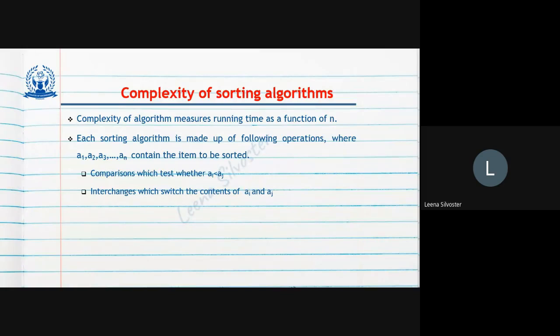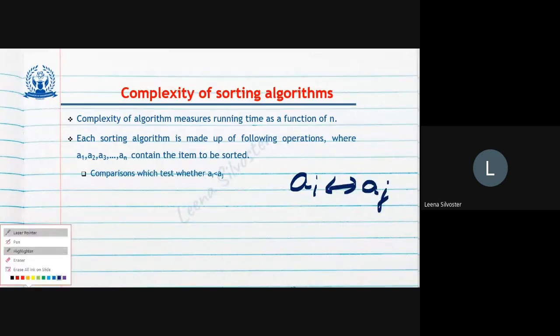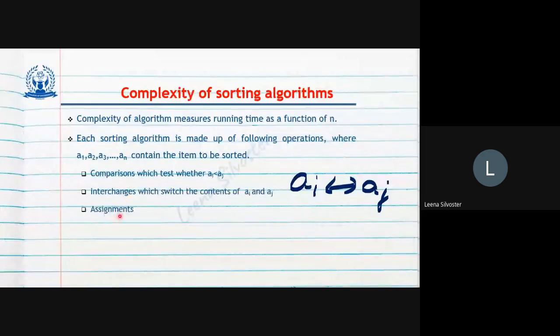We need to exchange the value between AI and AJ like this. This operation, AI and AJ contents will be exchanged. So exchange operation.